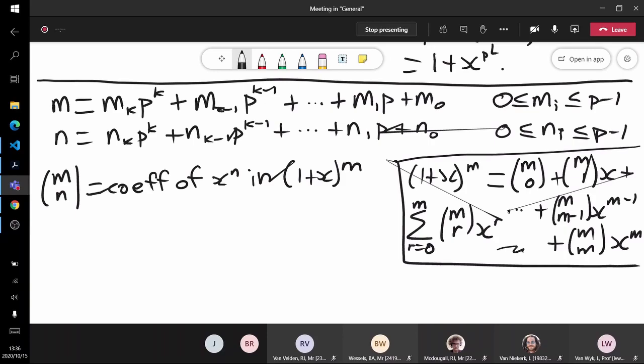And also I'm going to use a little shorthand. Not sure exactly how standard this is, but I'm going to use this bracket x to the n, and this is the same as the coefficient of x to the n in whatever follows.